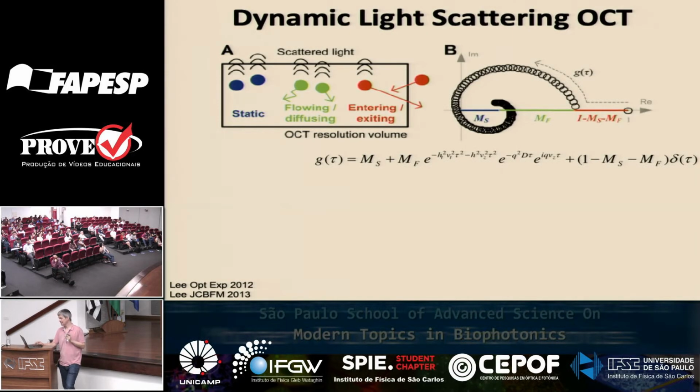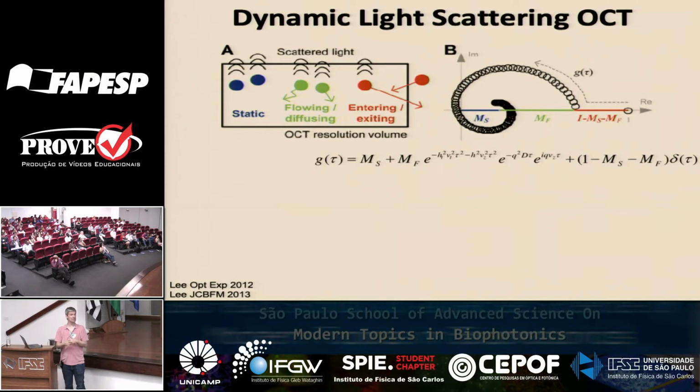So to do that, we want to do dynamic light scattering with OCT. Typical dynamic light scattering, right? You have a laser beam shining on a test tube, a suspension of some scattering particles. You measure the single scattering at some angle, and you can quantify the motion of the scattering particles. But in tissue, you have multiple scattering. It's very hard to control where that scattered light is coming from.